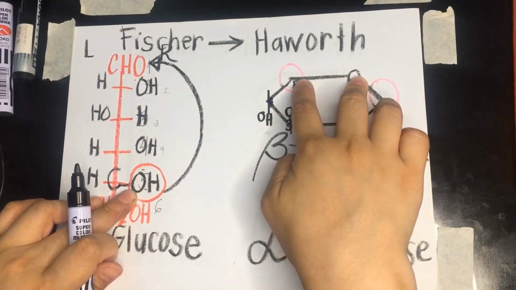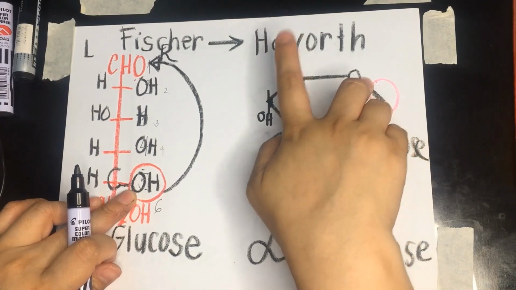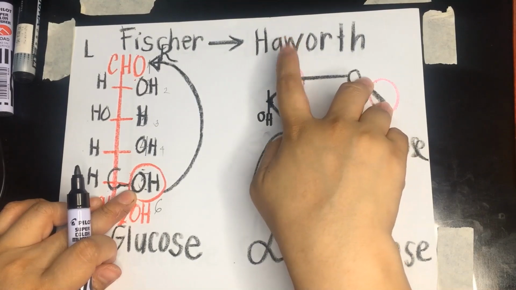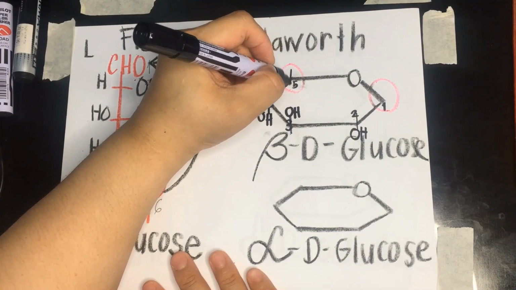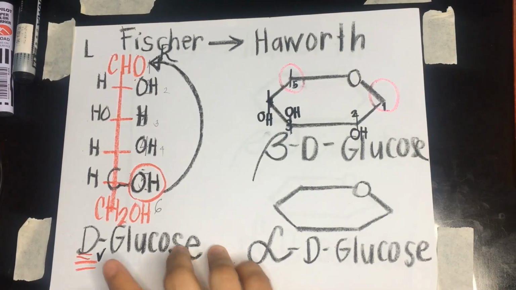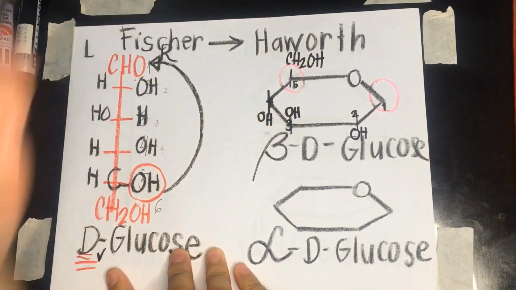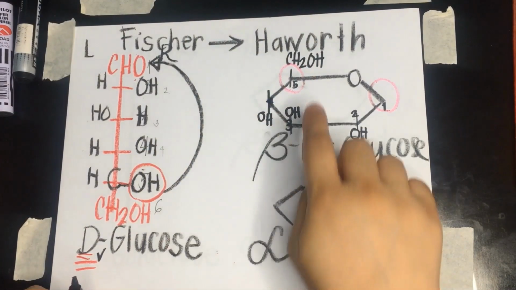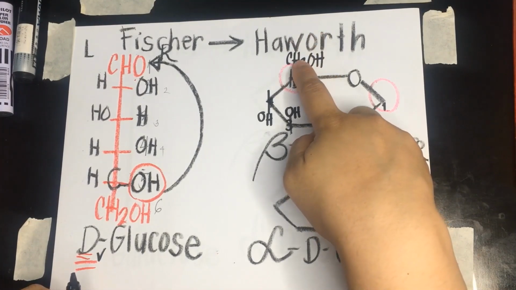So what happens now is, if you still remember, where are we going to put our CH2OH if it is in D notation? Okay, so our basis here will be the CH2OH. Remember, if our notation is in D configuration, we are going to put it on top. Okay, so that is how we answer the last terminal alcohol.